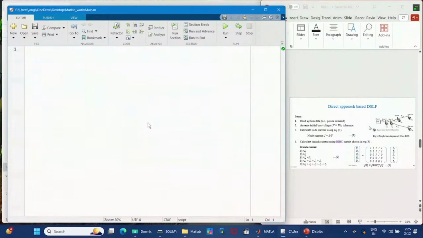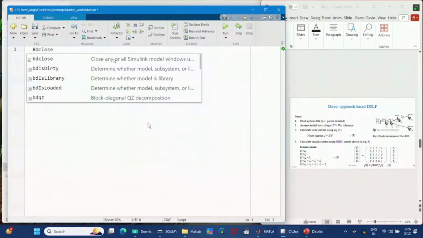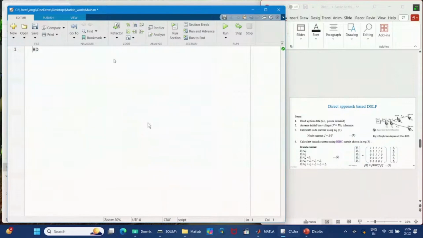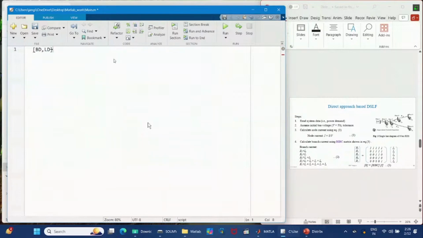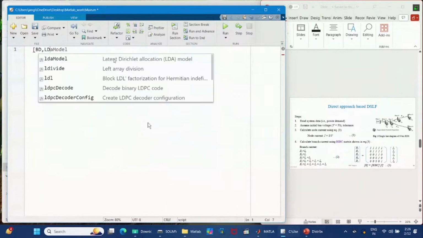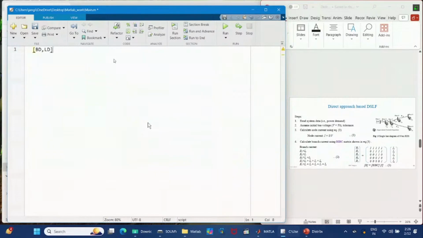In the 34 bus system, a few data are supposed to be known to us: bus data and line data. For consideration purposes, I will add the bus data and line data, and I will share this data file in that WhatsApp group so all of you can load it.